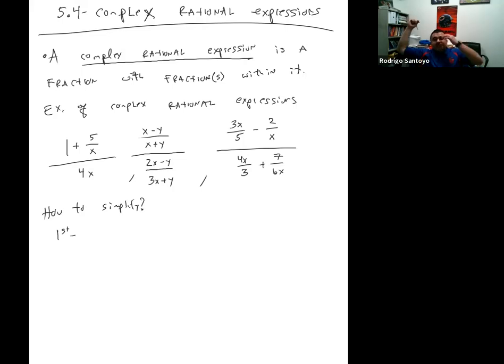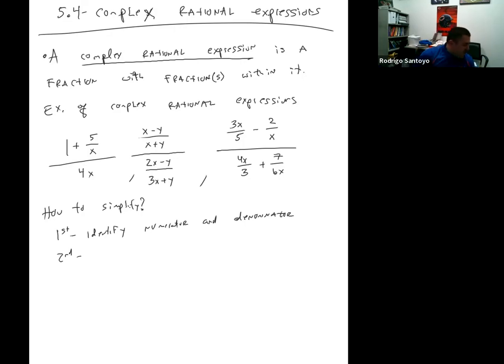Well, the first thing I want you to do is identify your numerator and identify your denominator. Right, identify them. Identify your numerator. Identify your denominator.